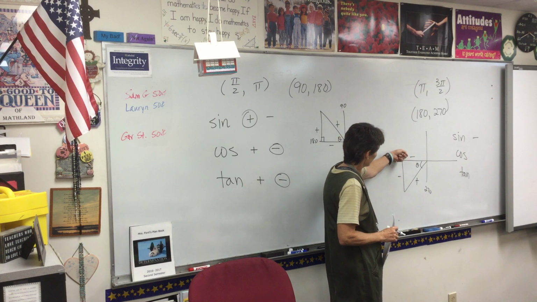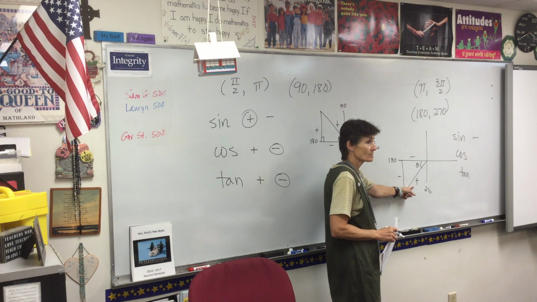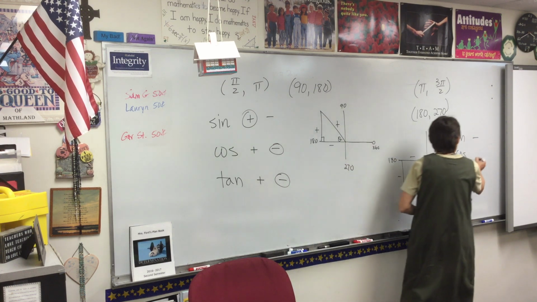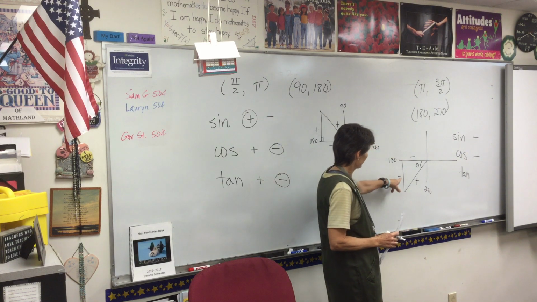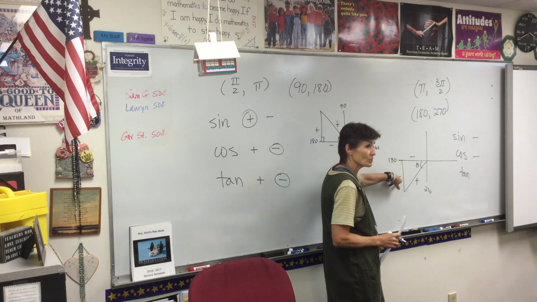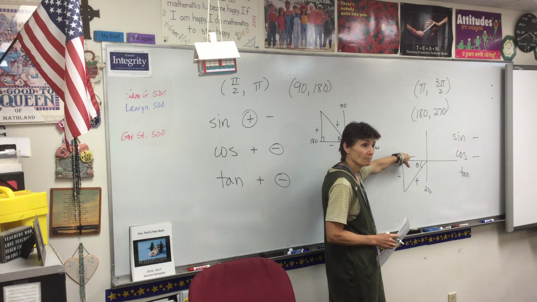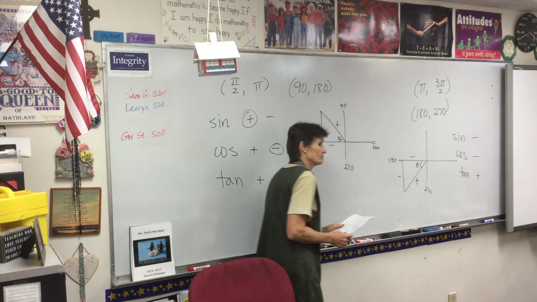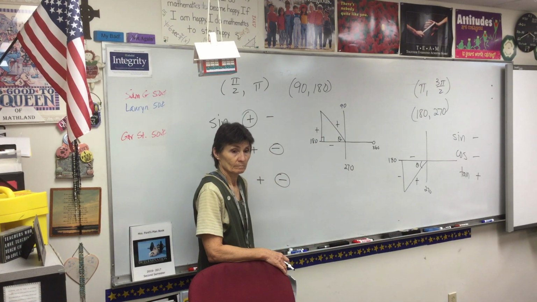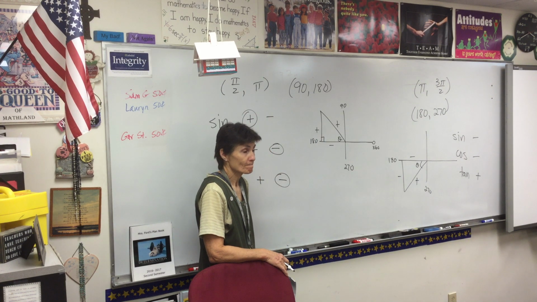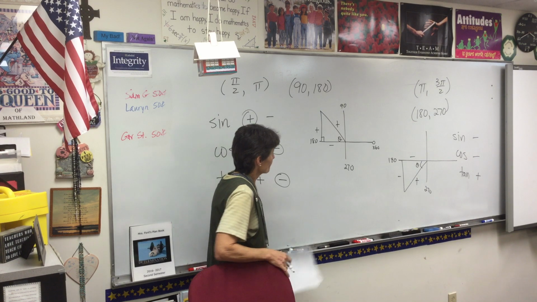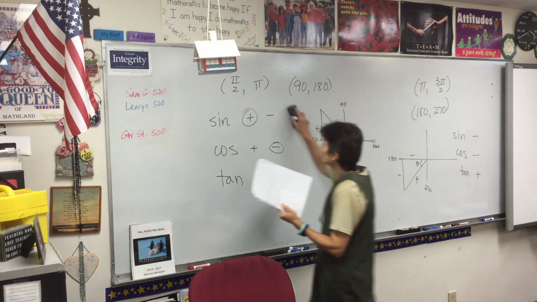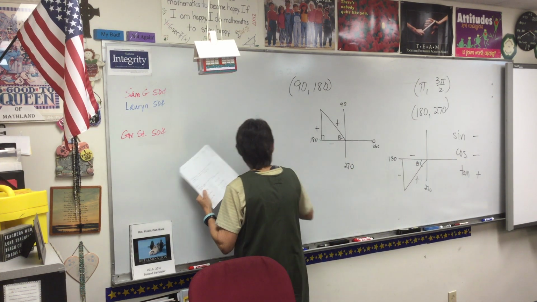Cosine, adjacent over hypotenuse. So that will also be negative. And tangent, opposite over adjacent, will be positive. Right? So now you're doing the same thing, only you're doing it with a number.